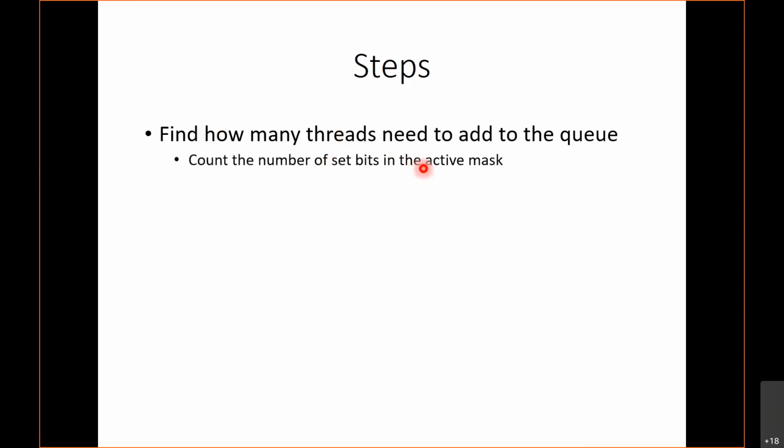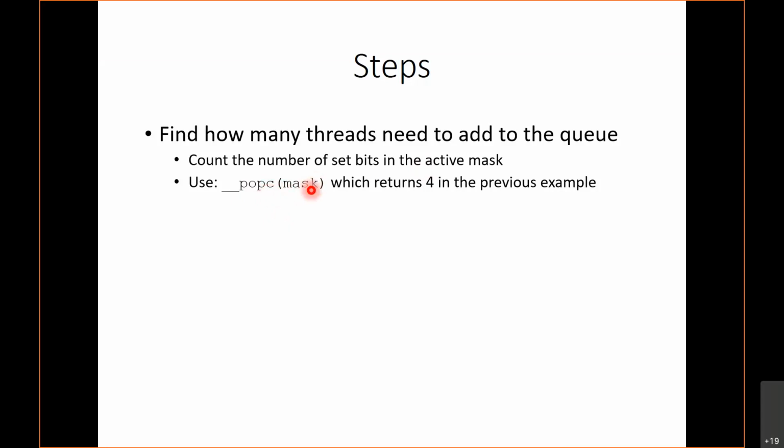There's actually another intrinsic that takes a 32-bit value and counts the number of bits that are set in that value. Does anybody know it? It's a popular name, not just on GPUs. It's called population count. Are you familiar with population count? Population count, POPC, is an intrinsic that takes a 32-bit value and returns the number of bits that are set in that value.